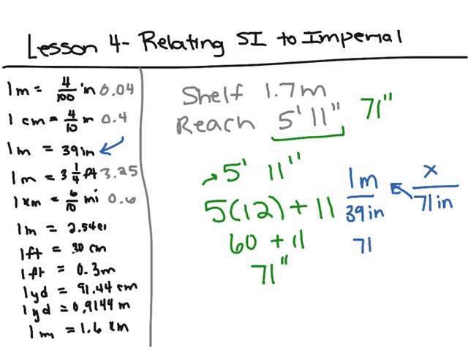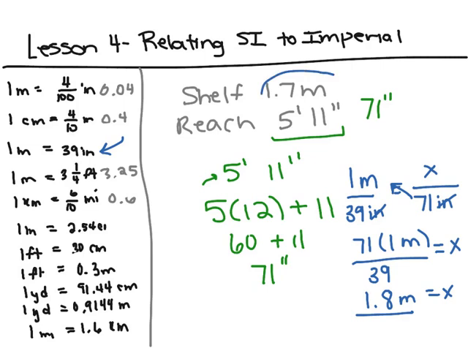So 71 times 1 meter. The inches on the bottom will cancel each other out, and we're going to divide by 39. So 71 divided by 39 is 1.8 meters. 1.8 is greater than 1.7, so she should have no problem reaching the shelf. So she will reach the shelf.